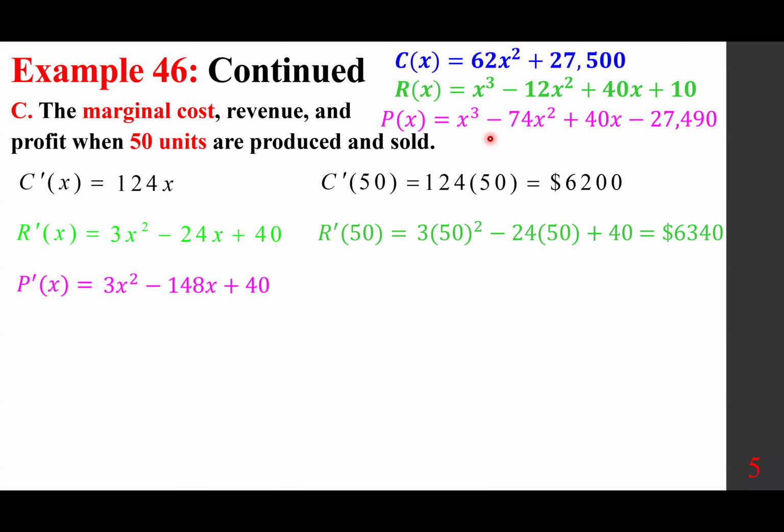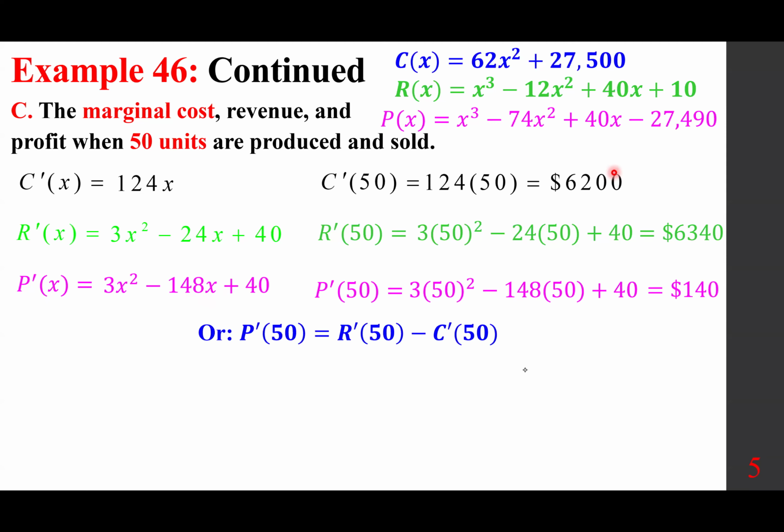And now evaluate it at 50, which means 3 times 50 squared minus 148 times 50 plus 40. You come up with the answer. And needless to say, P prime of 50 is R prime of 50 minus C prime of 50.